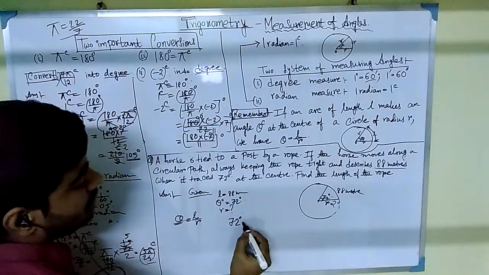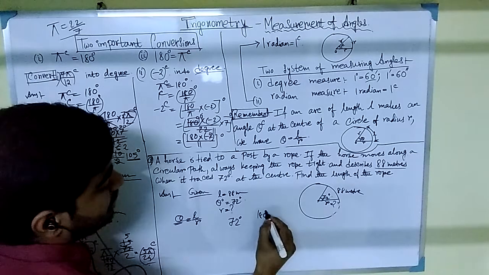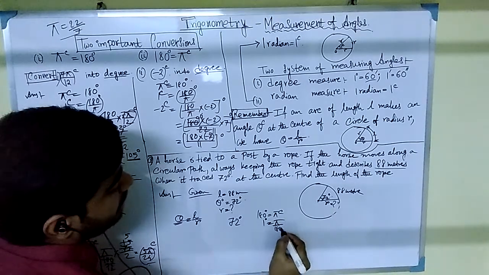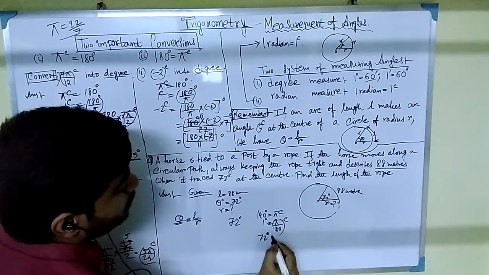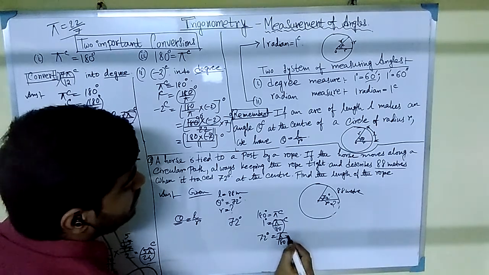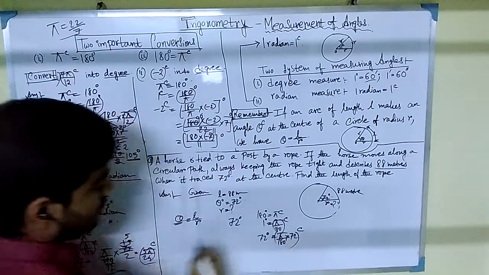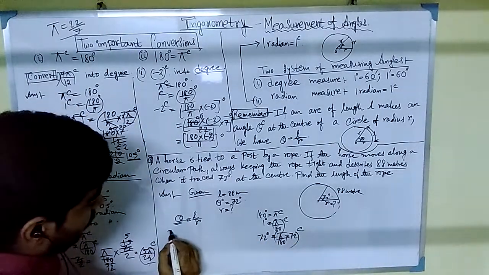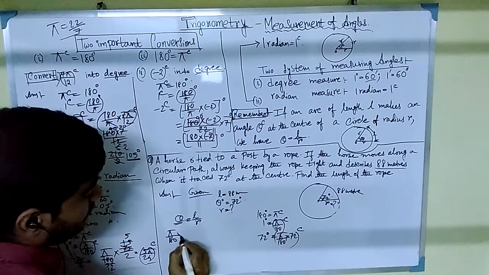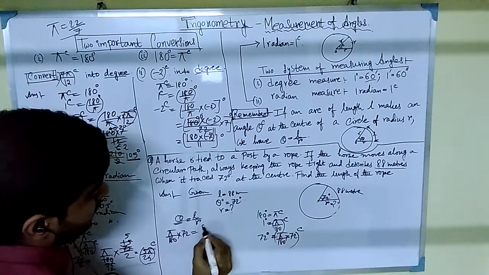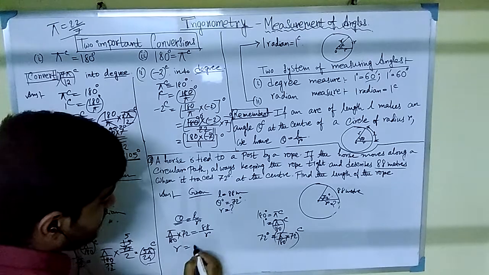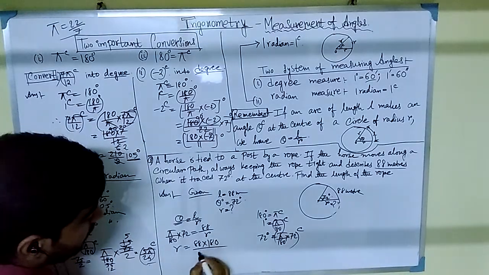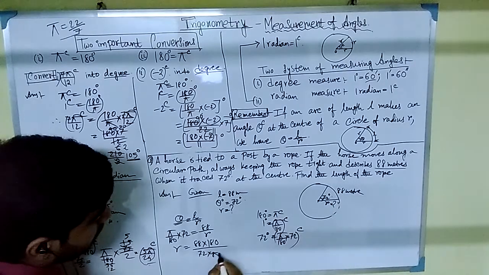180 degree equals pi radian. 1 degree equals pi by 180 radian. So 72 degree is pi by 180 into 72 radian. We are applying here. Theta will be pi by 180 into 72 equals 88 by r. So r is 88 into 180 divided by 72 into pi.